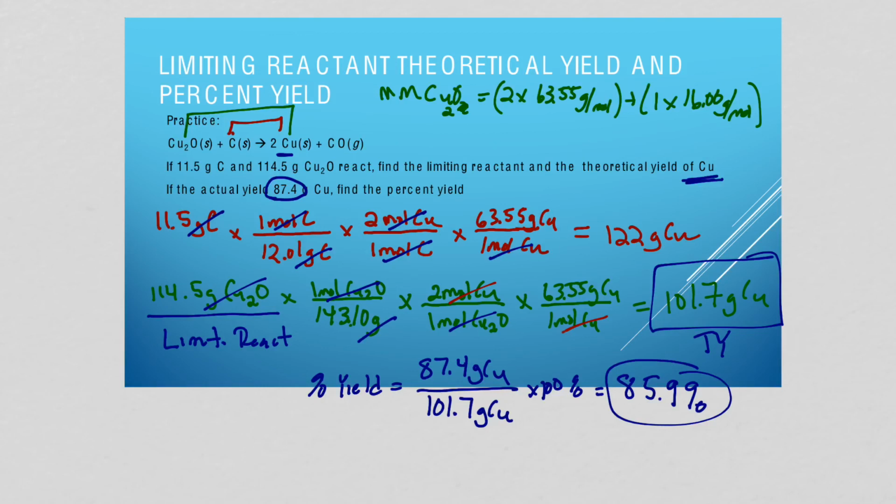Again, the 3 significant figures here is coming from the 3 significant figures in my actual yield, my 87.4 grams here. So 85.9% yield.